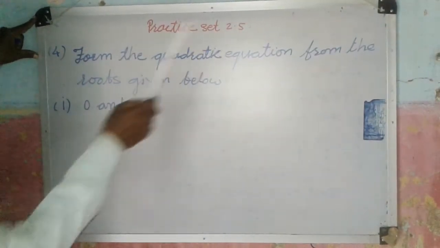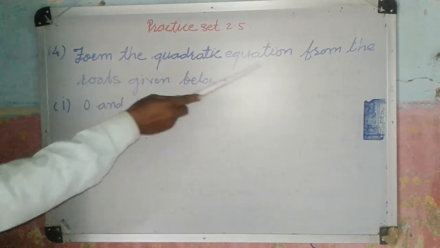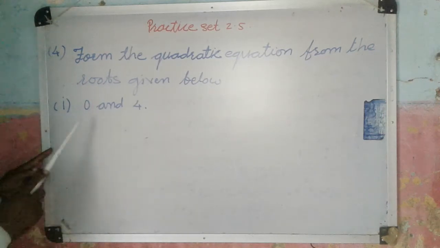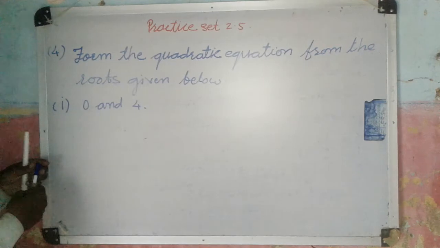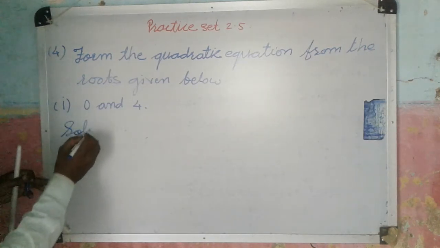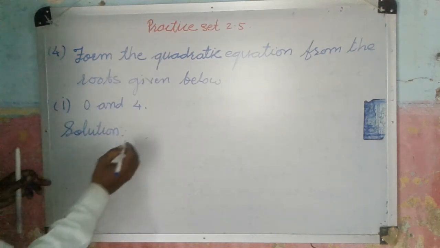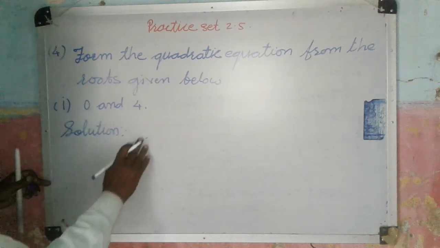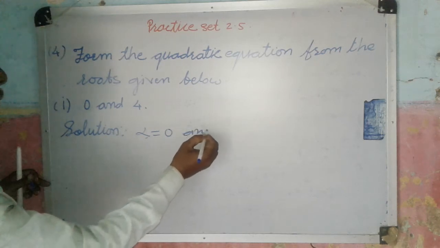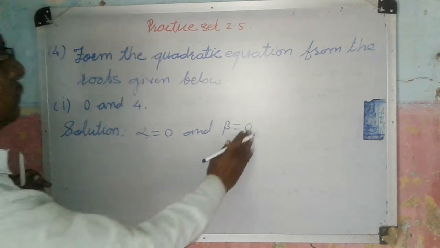Now practice set 2.5 question number 4. Form the quadratic equation from the roots given below. Example 1. So your roots are given 0 and 4. That means here one root is 0 and the other root is 4. That means alpha is equal to 0 and beta is equal to 4.